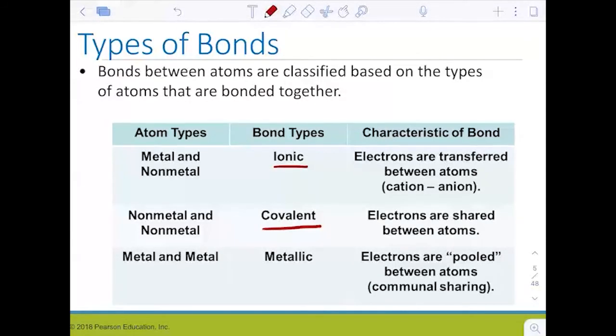A classic one that this book likes to present is the metal-metal bond, or a metallic bond. Electrons here are pooled, so you can imagine it being like a wave of electrons over a communal sharing between metal nuclei.